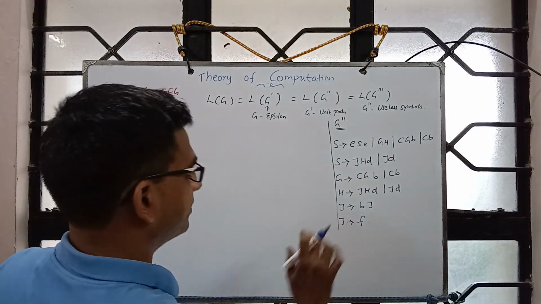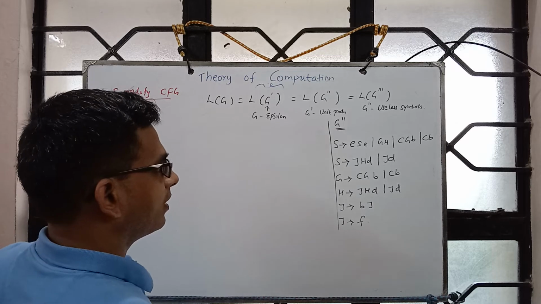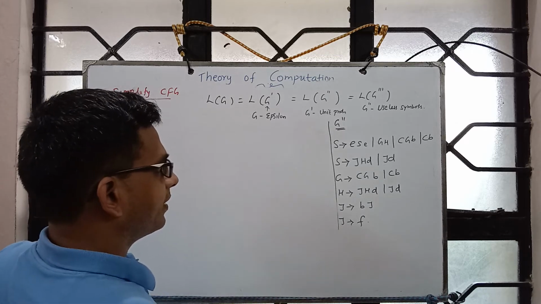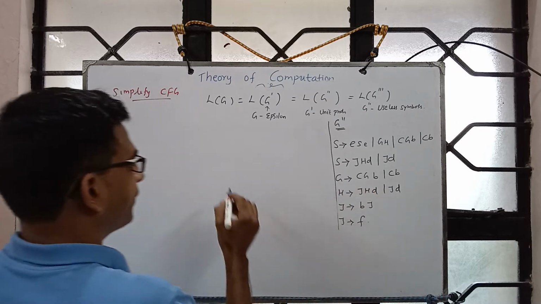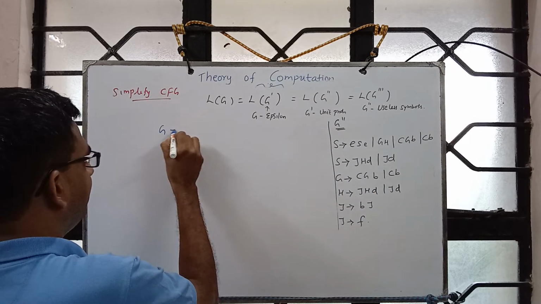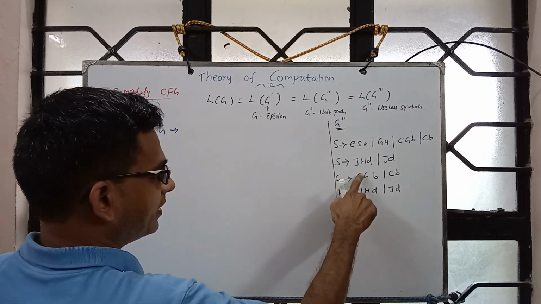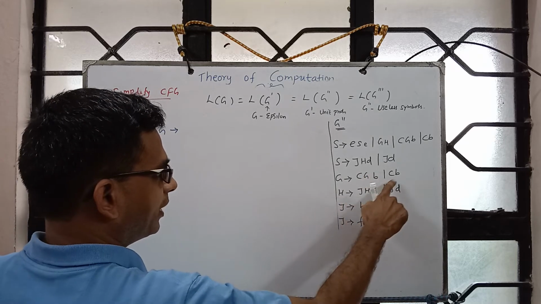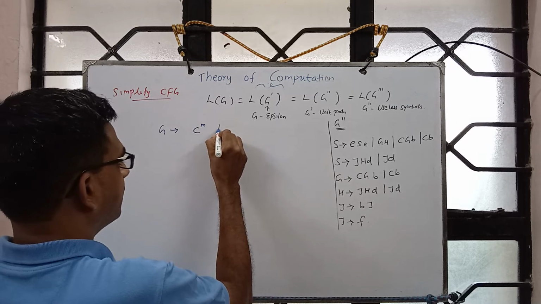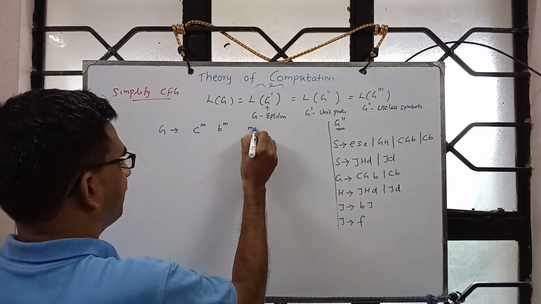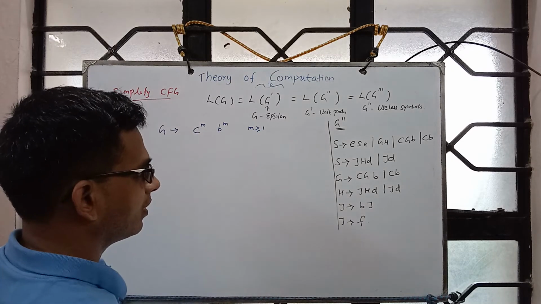Let's analyze the language based on the discussion we had just now. Look at G. From G we get to see that CGB, and finally you terminate using this, which means we get C power M, B power M, where M is at least 1.